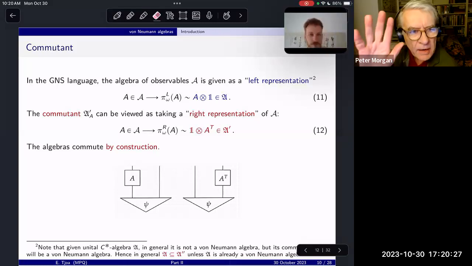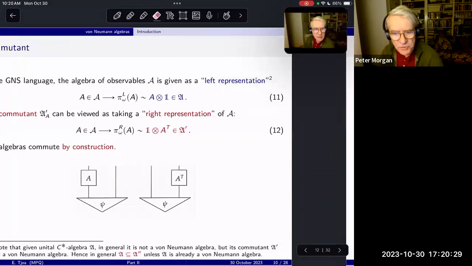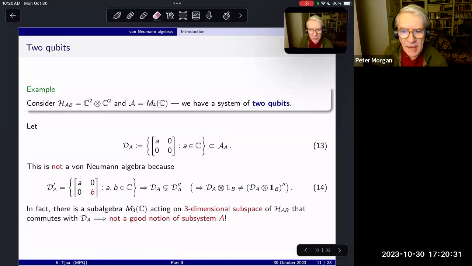In fact, if you take any subset of the bounded operators on a Hilbert space, you can construct a von Neumann algebra just by taking the generated set from that set.